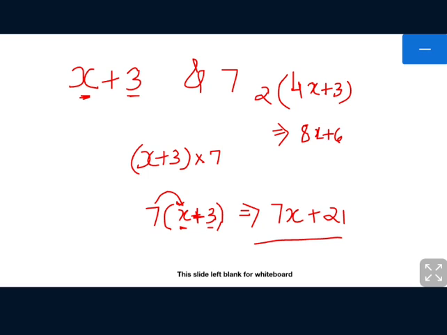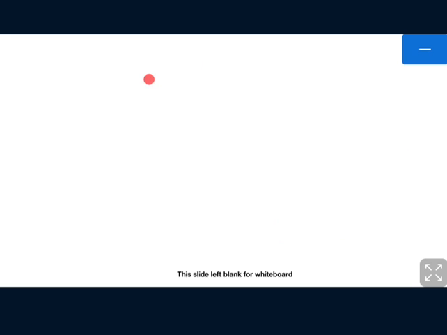Okay. And if my question is 7x plus 3 multiplied by x. See, x is outside there.